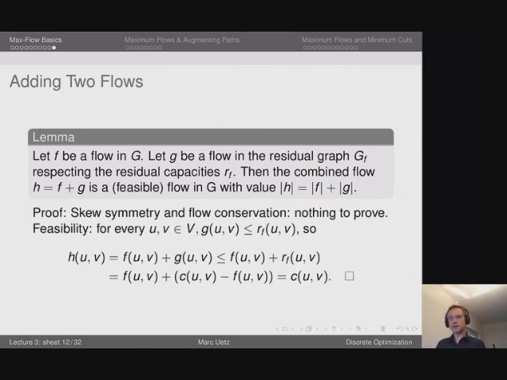And what we're actually doing most of the time, not always, is that this additional flow G in the residual graph will be just a very special flow, namely a flow on a single path, and that's called an augmenting path. Okay, and using augmenting paths, we also have a very nice characterization of maximal flows, so optimum solutions to our problem.